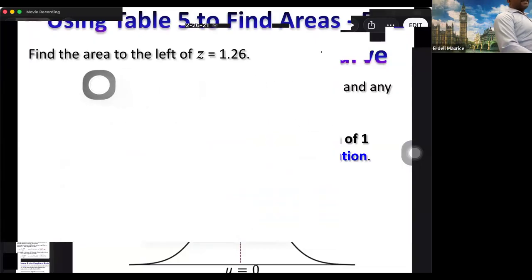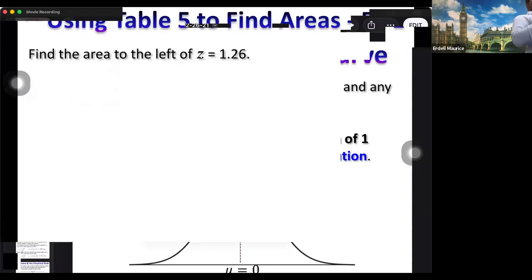Question. Find the area to the left of z equals 1.26. First, let me tell you why this question is important. When they're asking us to find the area, they're asking us to find a probability. Later on, they're going to switch the word area out with the word probability. Because remember, for a cumulative density function, the area under the curve is 1, correct? And so if I take any partial area, that gives me the percentage of the whole thing that's been covered.